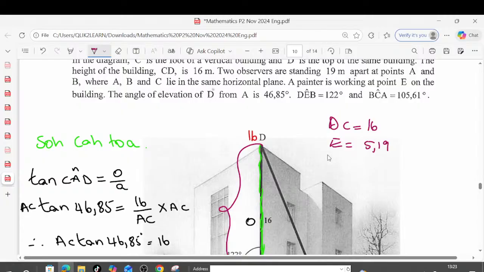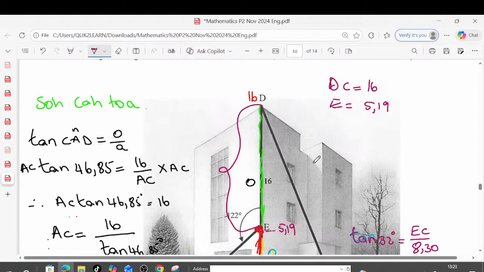So to find the length of DE, we take our DC and subtract our EC. The answer that we get is the answer they are looking for: 16 minus 5.19, and what is this equal to?